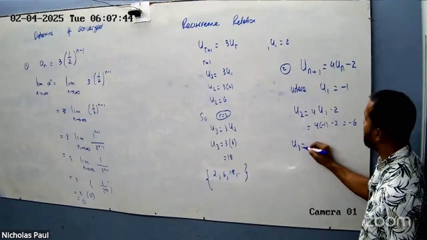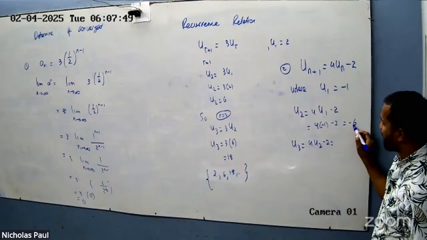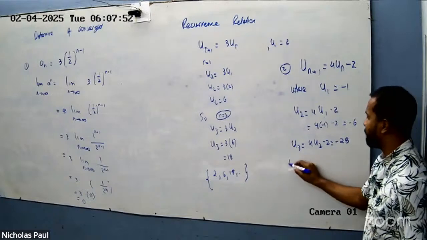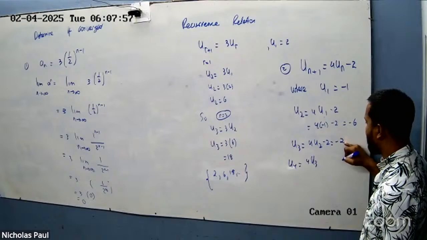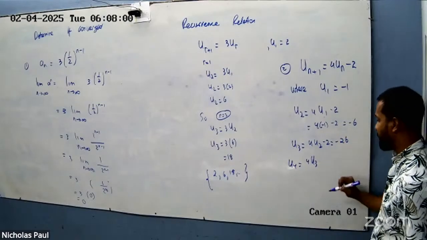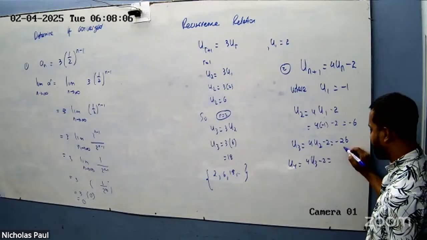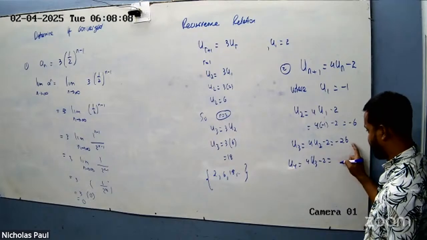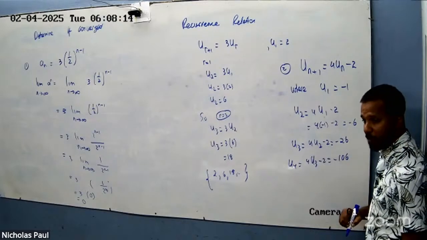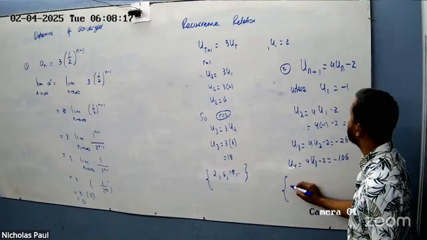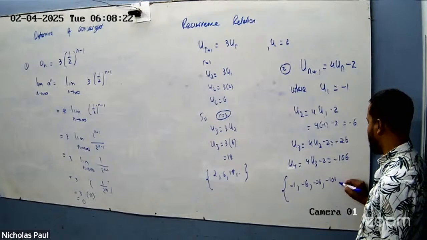And U3 will be 4U2 minus 2, so that's 4 by minus 6 minus 2, which will be minus 26. And U4 will be 4U3 minus 2, so that'll be minus 106. So the first 4 terms are minus 1, minus 6, minus 26, minus 106.